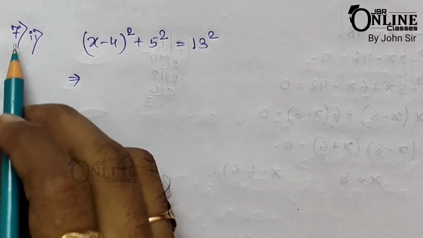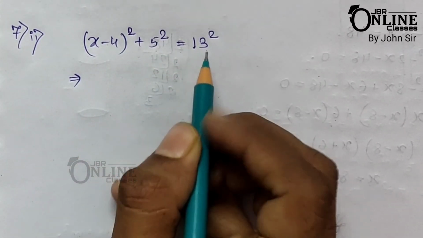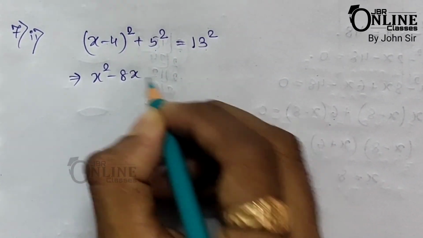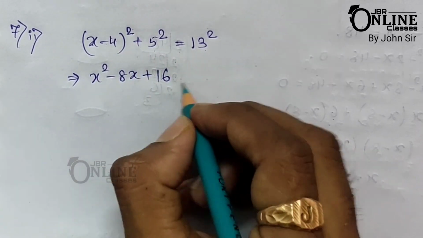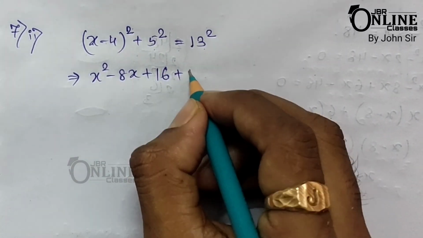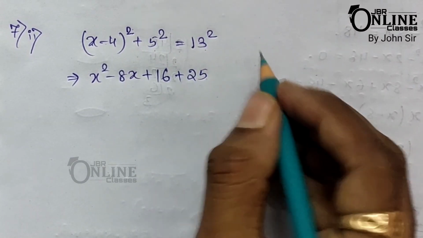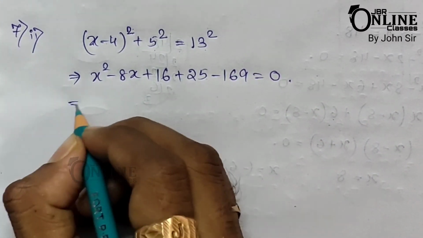Sum number 7. In sum number 7(2), x minus 4 whole square plus 5 square equal to 13 square. So x minus 4 whole square means x square minus 8x plus 16. That means a minus b whole square formula. And here 5 square means 25. Here 13 square means 169. Now 169 on the left hand side, so minus 169 equal to 0.